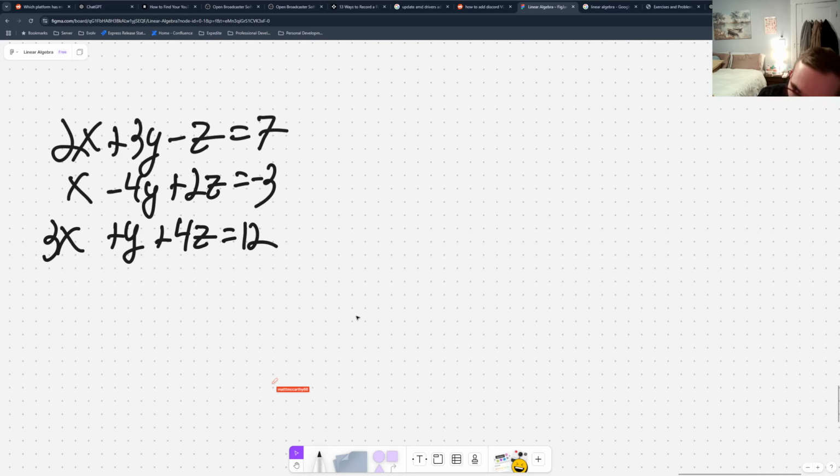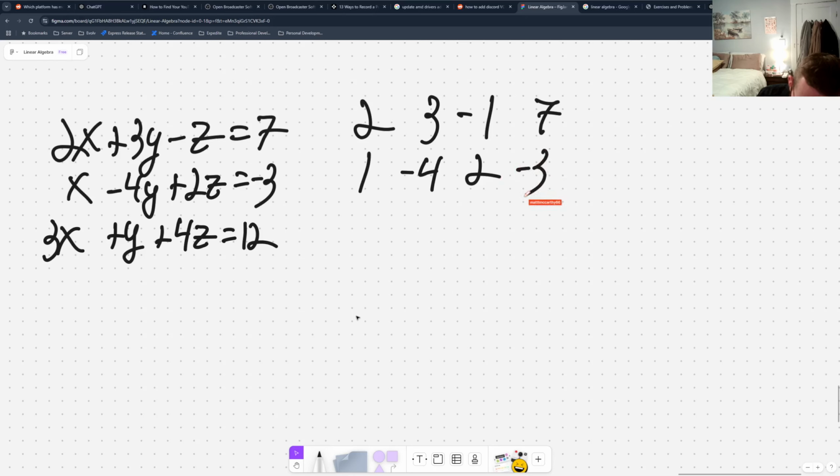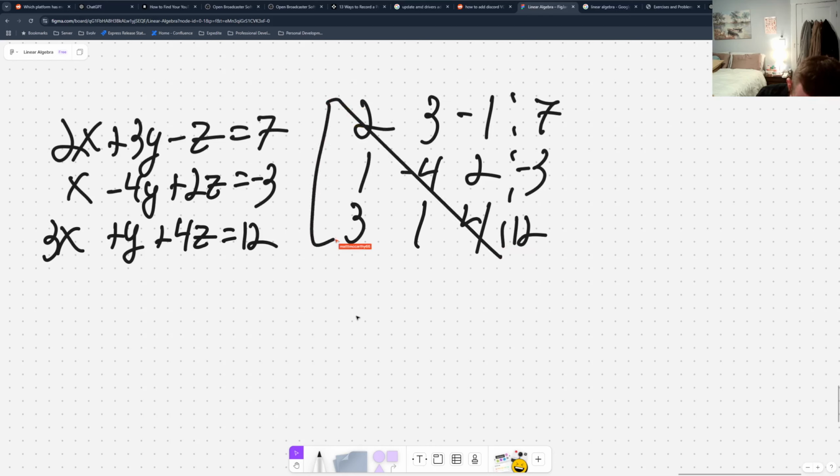So what's that? First row is going to be 2, 3, negative 1, 7. Yes. Hold on. And then we're going to have 1, negative 4, 2, negative 3. Mm-hmm. Then we're going to have 3, 1, 4, 12. Yep.